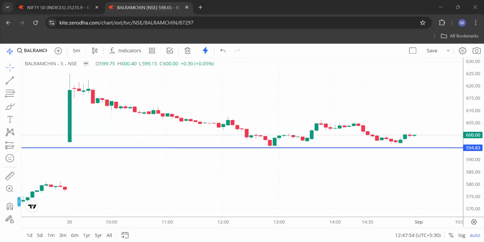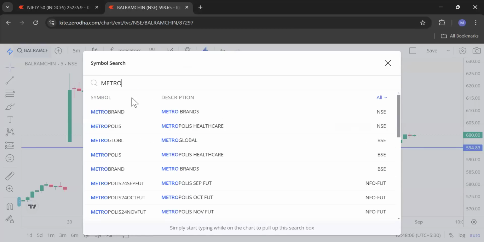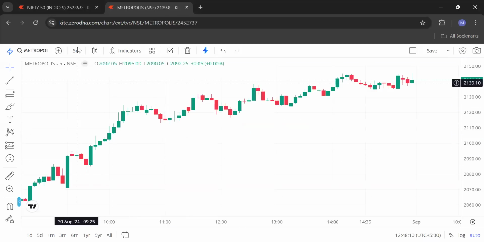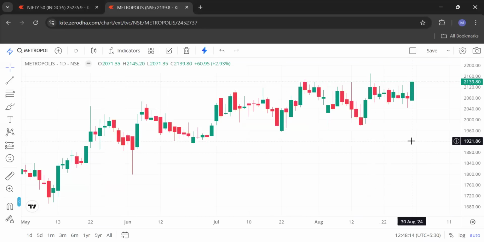Metropolis Healthcare. Now let's see the daily chart.